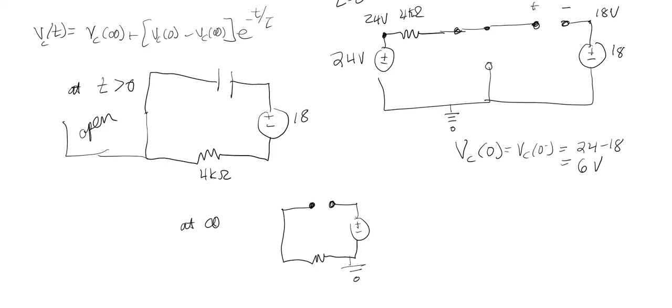So if I make this ground, then the other side of the voltage source is 18. So the left-hand side of this capacitor is 0. So VC at infinity, this is labeled as the plus side and this is the minus. The voltage is the plus minus the minus, so this would be minus 18 volts.